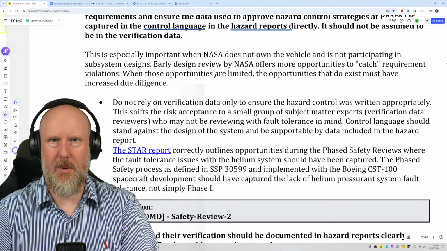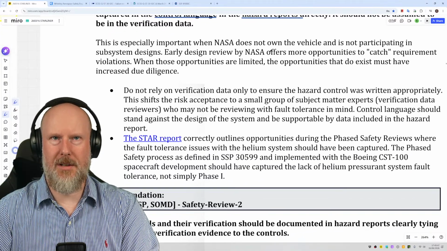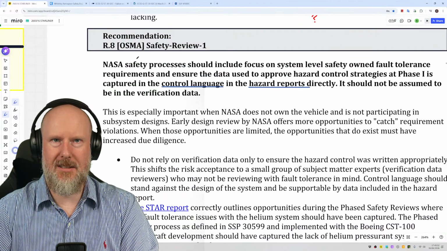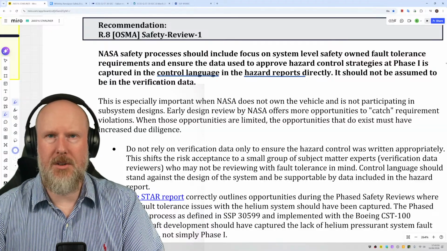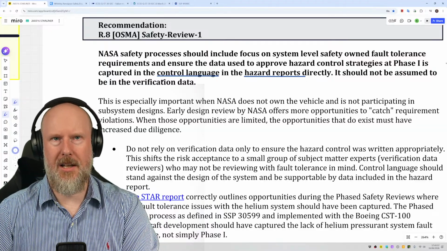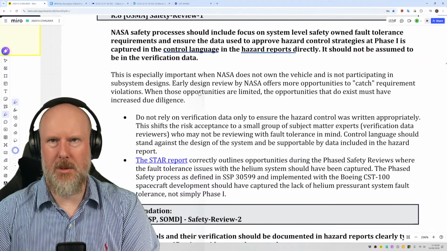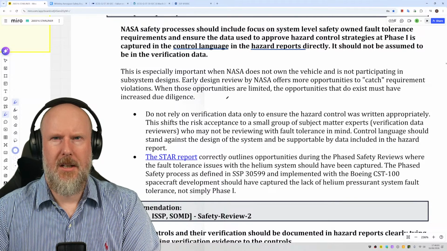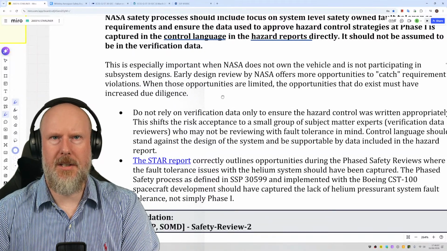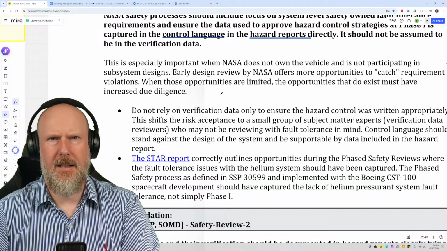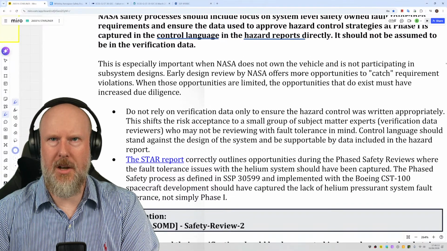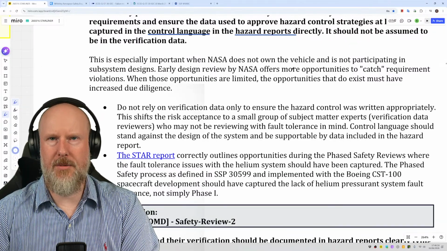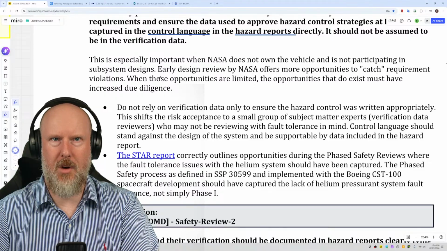This is especially important when NASA does not own the vehicle and is not participating in subsystem designs. Right, so this is a recommendation for NASA, not necessarily the designer or design holder, design authority, should I say. Early design review by NASA offers more opportunities to catch requirement violations.